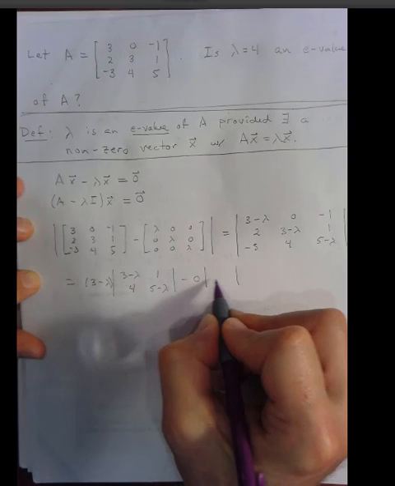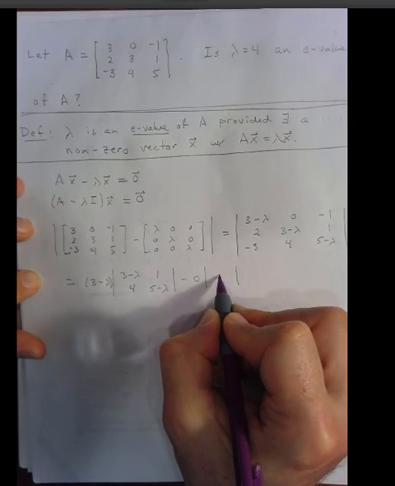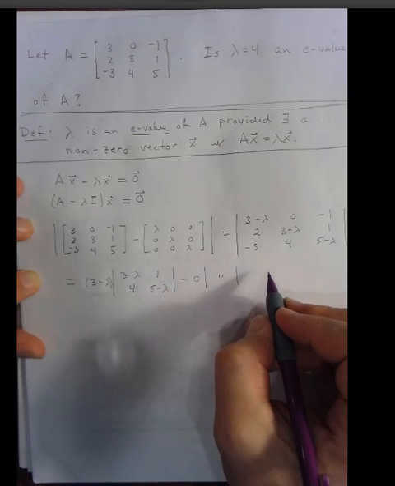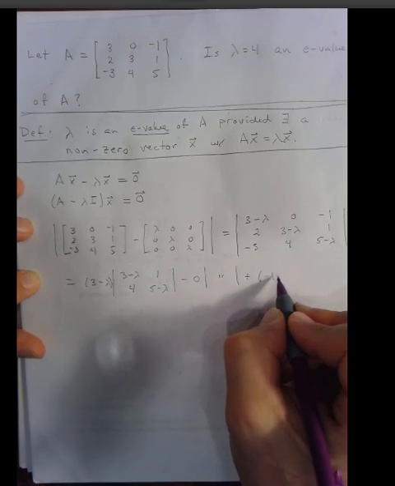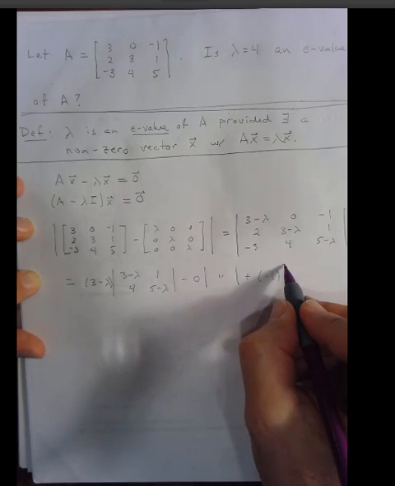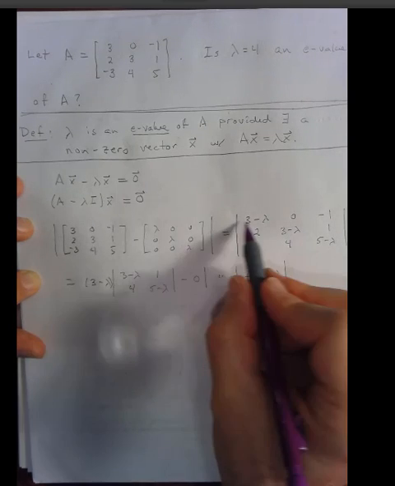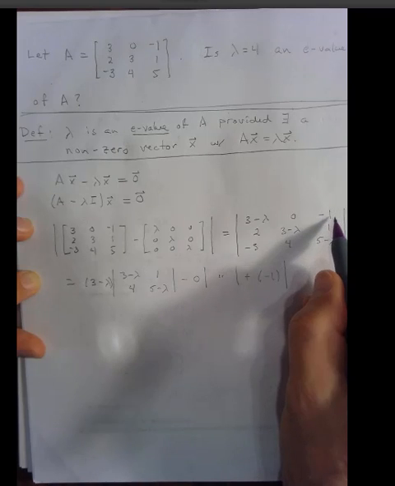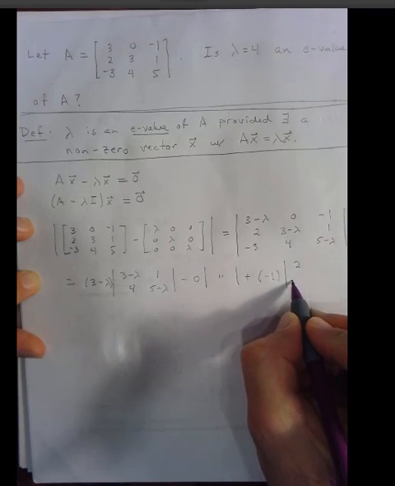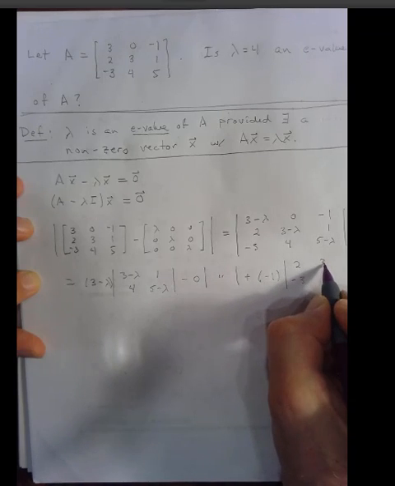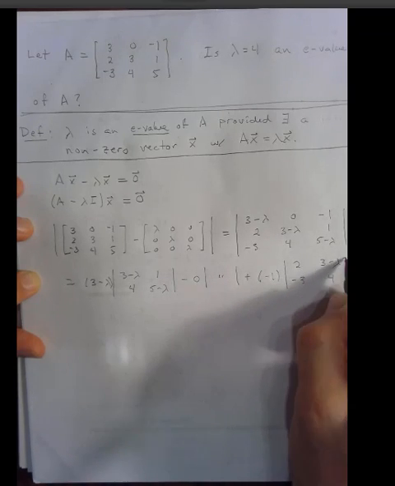I don't really care what it is. Plus negative 1 times the 2 by 2 determinant I get when I cross off first row, third column. So that's going to be 2, negative 3, 3 minus lambda, 4.